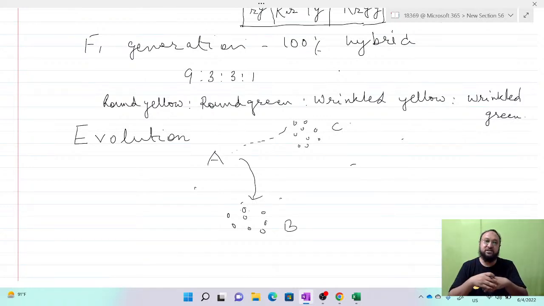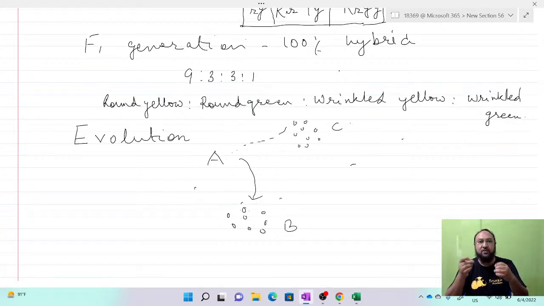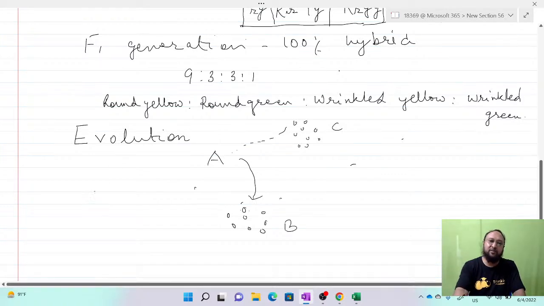So A, B, and C are now three different species, because B and C evolved from the pre-existing species A. It may be possible that from species A only species B evolves, or that B, C, and also D evolve.